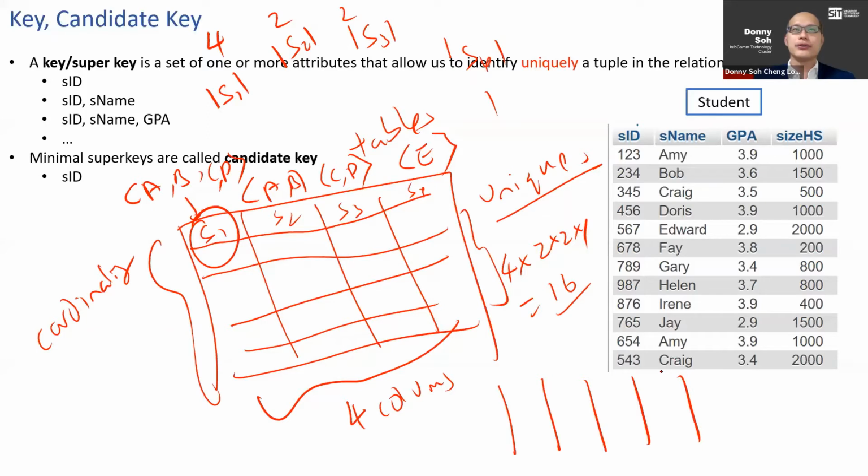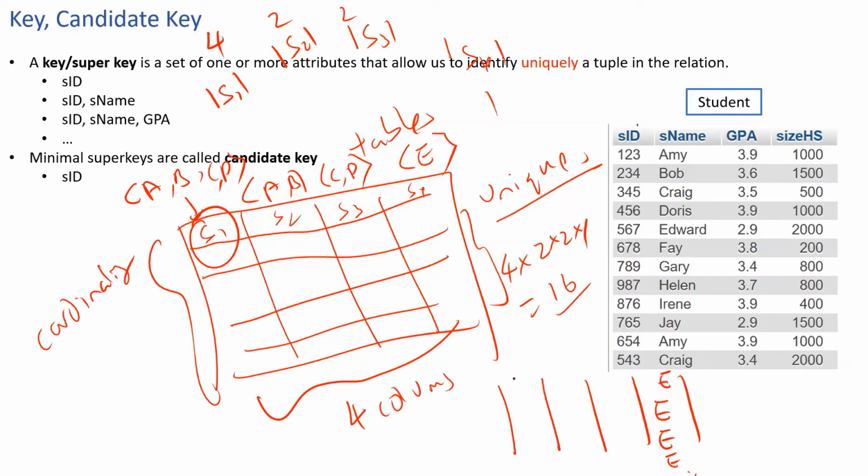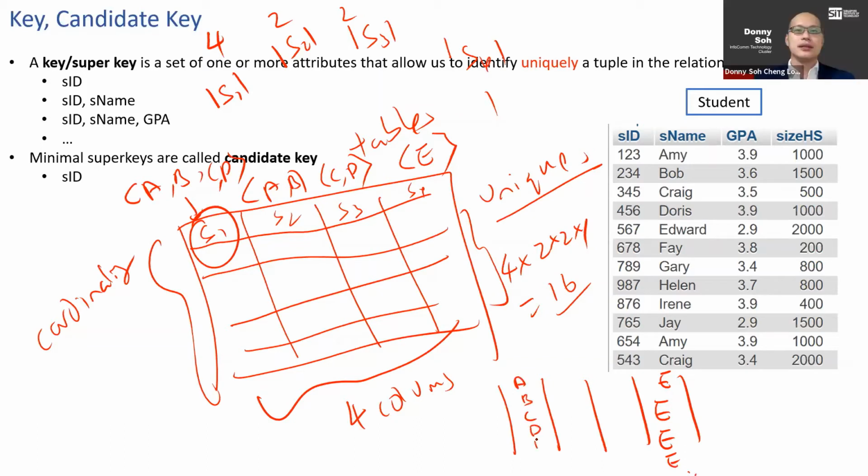If you really draw it out, the last column will all be E, because it can only take the value E. The others will be A, B, C, D, A, B, C, D, and A, B, A, B, A, B, C, D, C, D, C, D, along that line. Every single row will be unique, and there are altogether 16 possible values that this can take.